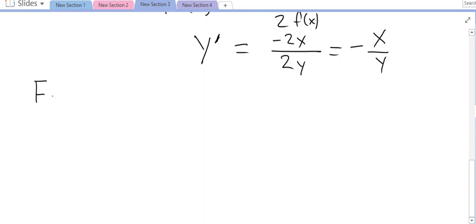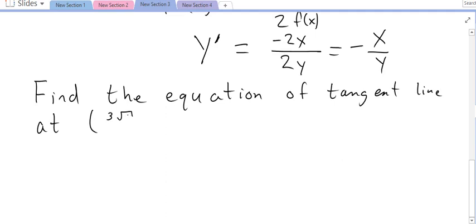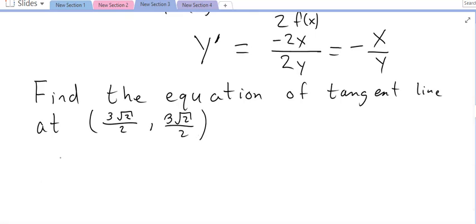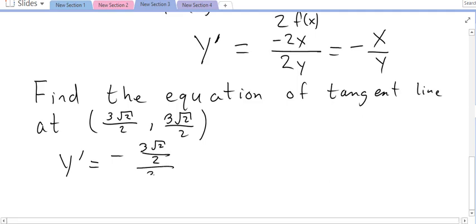So let's find the equation of the tangent line. The point is 3 times the square root of 2 over 2, 3 times the square root of 2 over 2. That is that point on the circle that I have there. To find that derivative, we would plug in those x and y values. So we'd have negative 3 square root of 2 over 2 divided by that same thing.